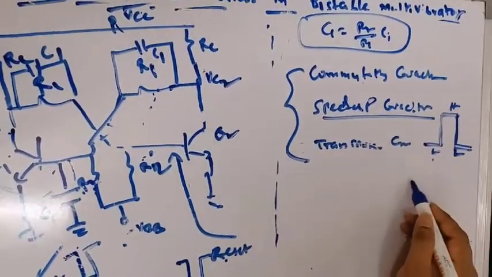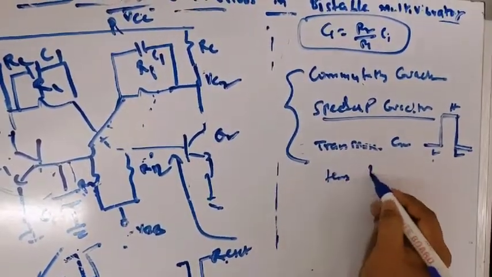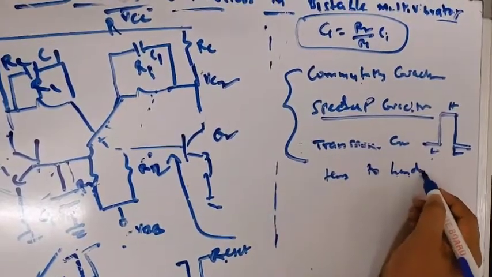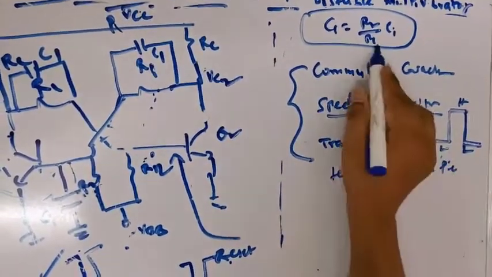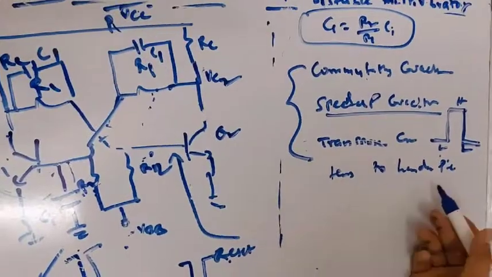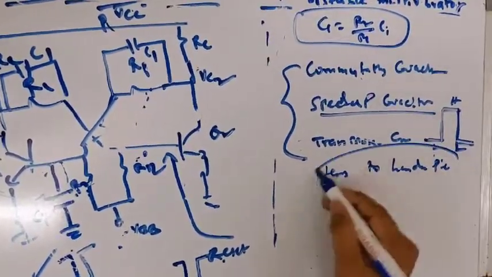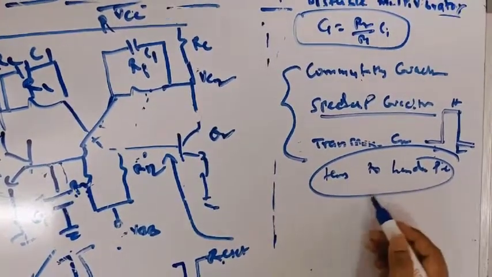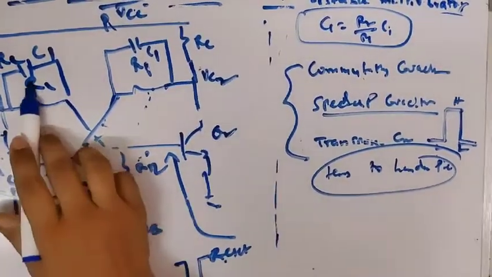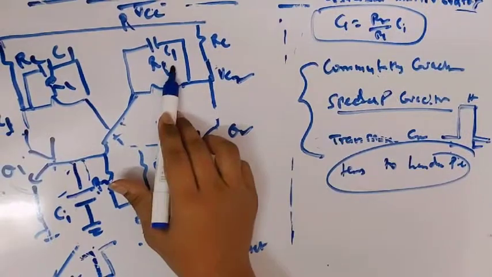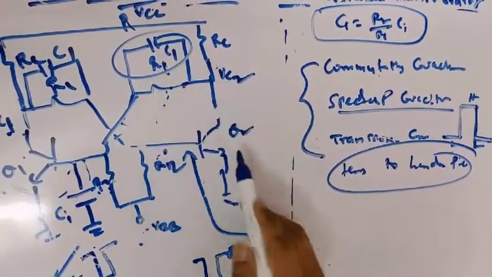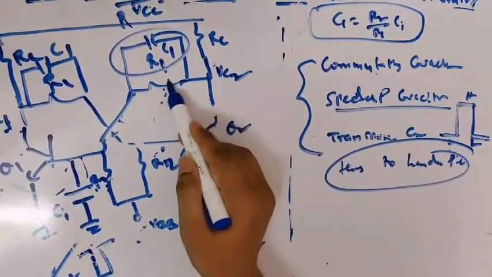Their values lie in the range of tens to hundreds of picofarads, depending upon the stray capacitance. This will reduce the transition time, and they are connected in parallel with the resistors. They are very small capacitors used to reduce the transition period.